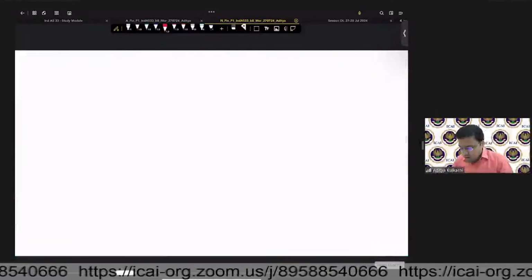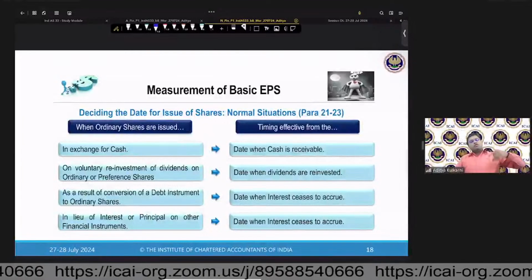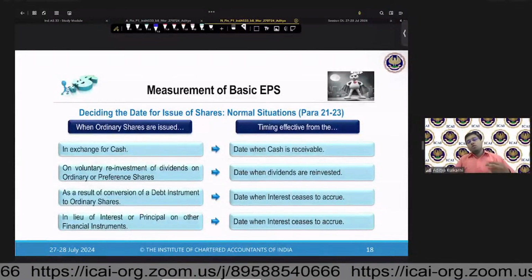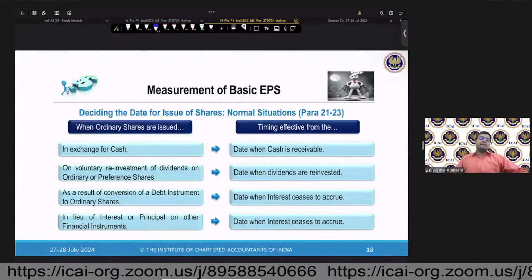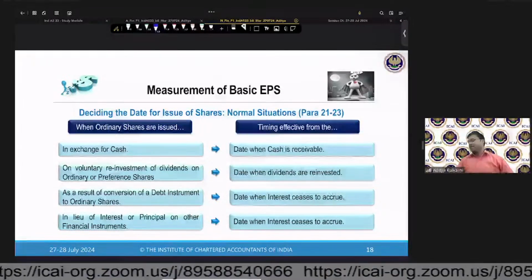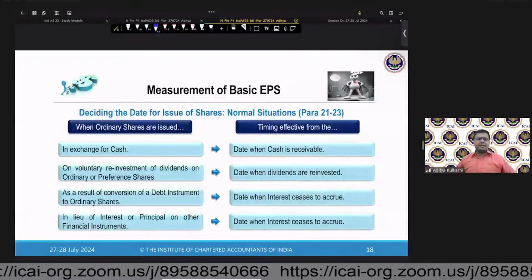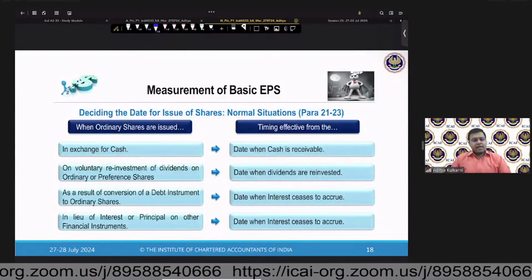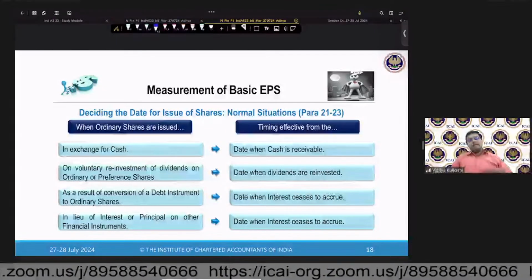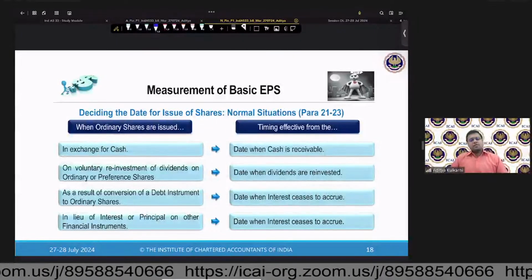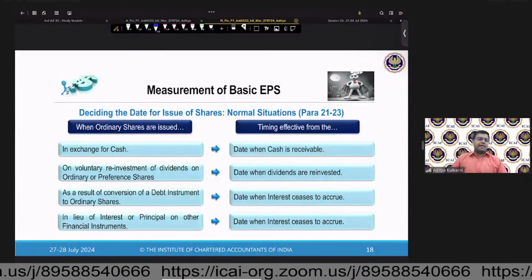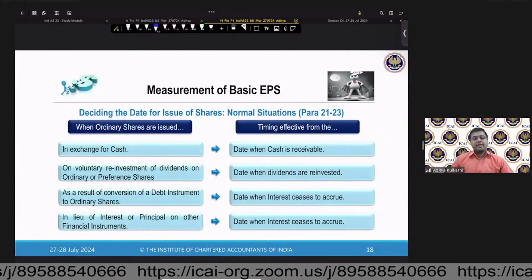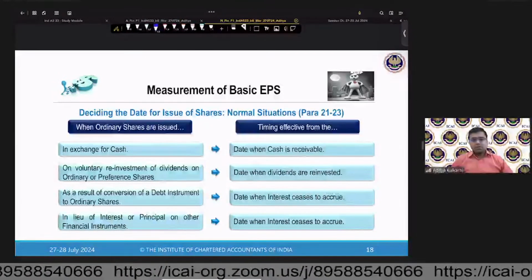Now the question is, for specific scenarios, what will be the date I will consider for the purposes of weighted average number of equity shares? Just say I come out with a call that I have made on the shares. When I make a call, some shareholder will pay on some date, another one will pay on a third date, somebody will pay 1 week afterwards.